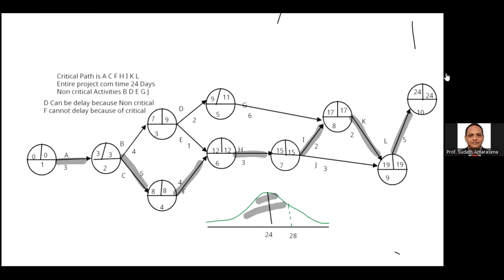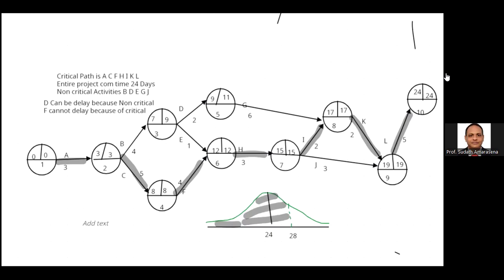This shaded area, you can find the value. Then how are we going to do the calculation? Probability equals 28 minus 24 divided by the standard deviation. But we have not yet calculated the standard deviation.